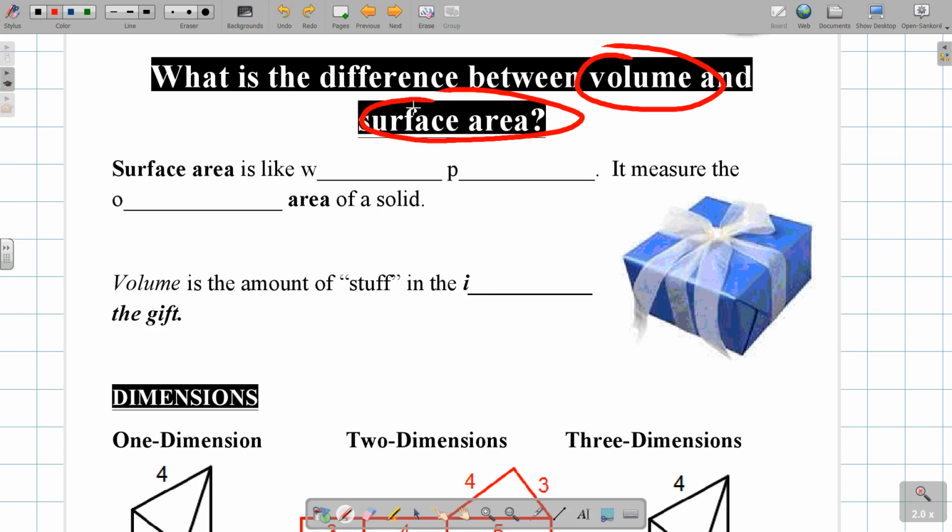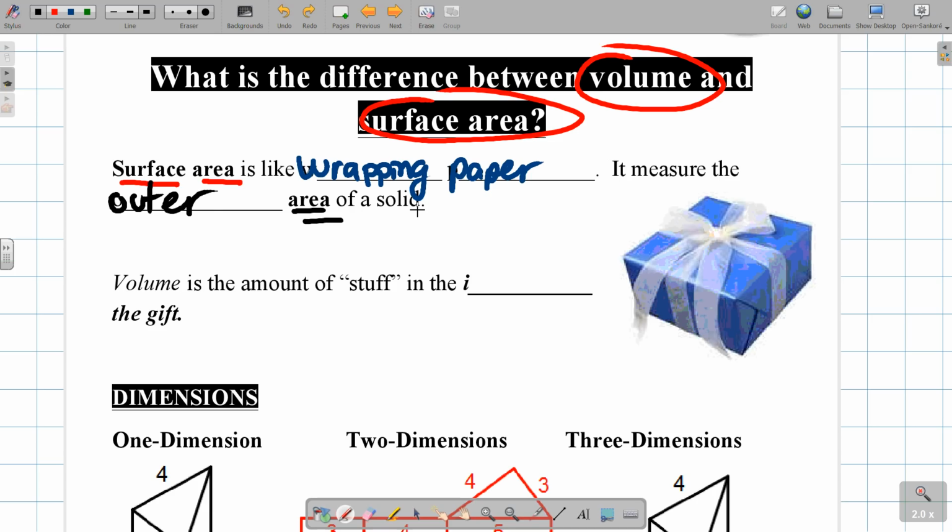So surface area is the area of the surface of a solid. You want to think of it as like the wrapping paper of a gift. It measures the outer area of a solid.